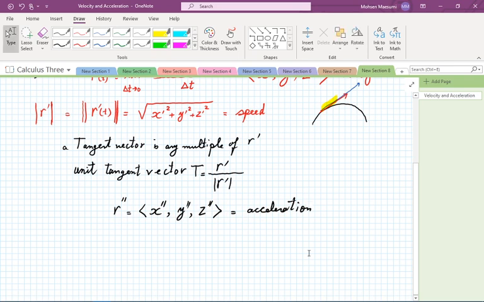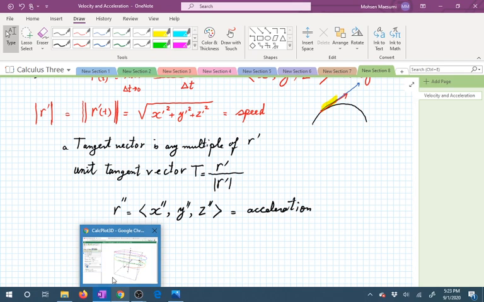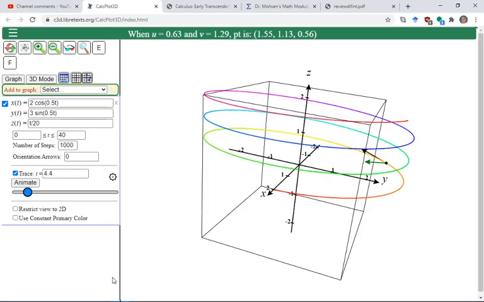Again, let me remind you what we did here at the beginning. That was just a way of describing this. So this black vector was our tangent vector, and that's a velocity. This green one is acceleration.